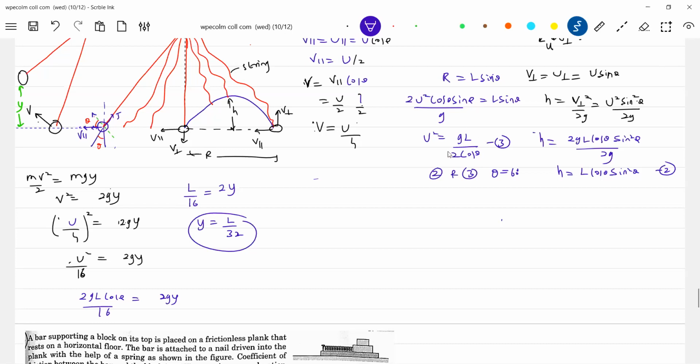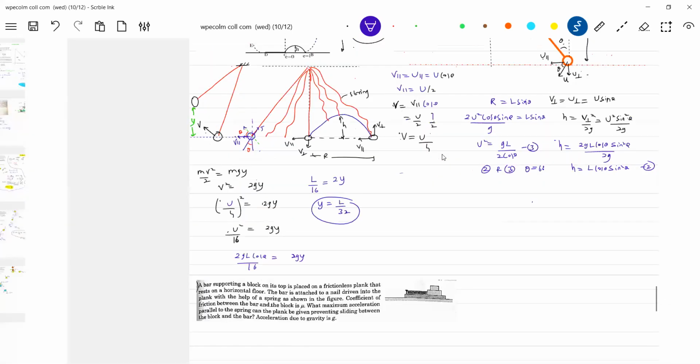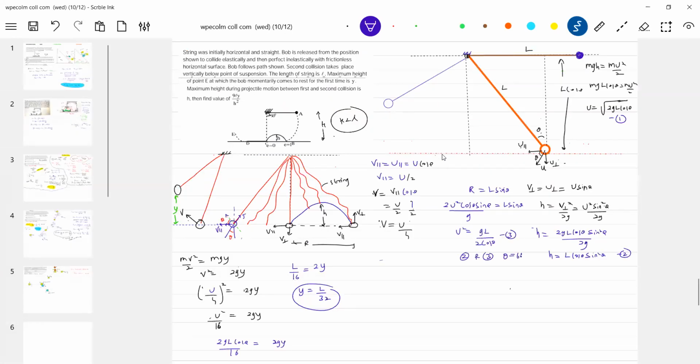I'll minimize. Total problem will be visible for you. Yeah, look at it now clearly. It is asking 9L Y by H square. H also we should write in terms of L, no? Okay, that also we will write. L by theta was how much? 60 degrees, theta 60 degrees. So this will be 1 by 2, root 3 by 2.